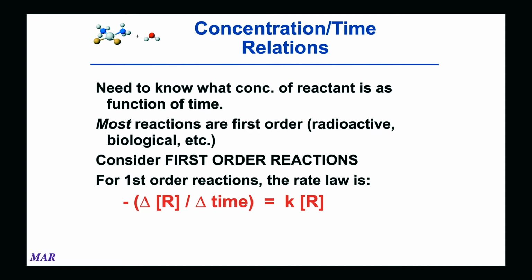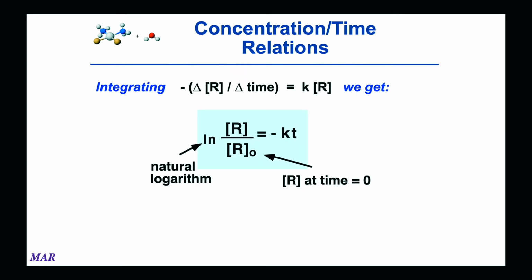So instead of writing rate equals k times the concentration of R to the first power, we rewrote the rate part for what it actually is. It's negative the change of concentration over the change of time. And of course, because it's a first order reactant, something to the first power, people usually just ignore it. This is actually kind of helpful, believe it or not.